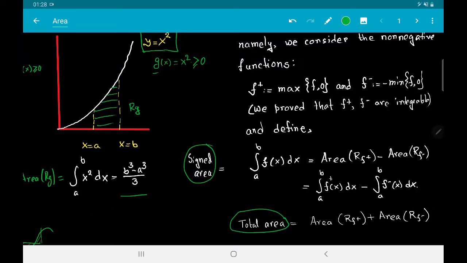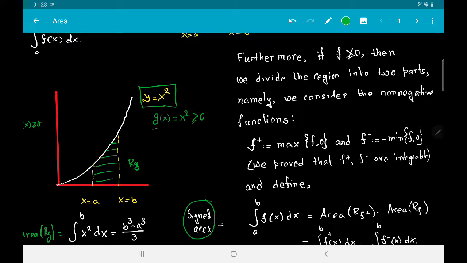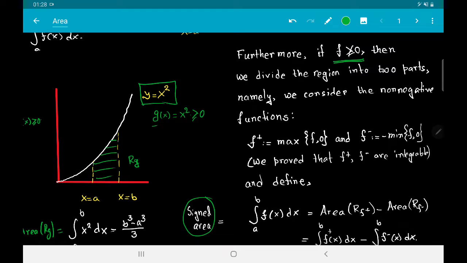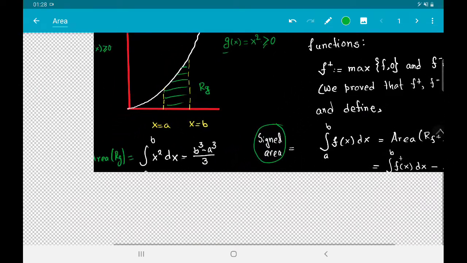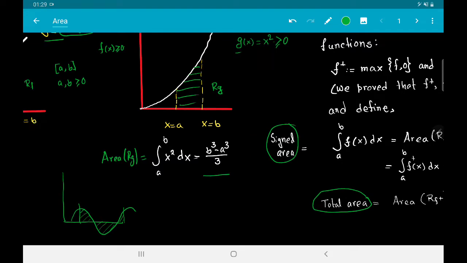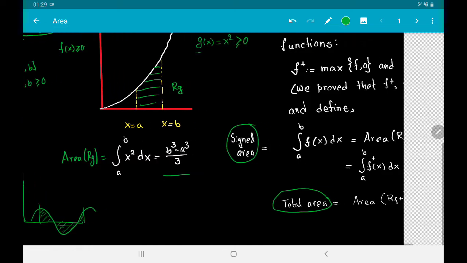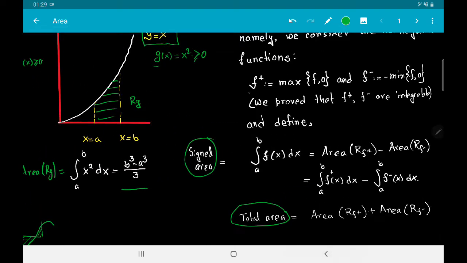So let us recall. In order to deal with functions which are not really non-negative, we divide the region into two parts. The first part consists of the parts where the region lies above the x-axis, and the second part consists of the region which lies below the x-axis. So for this we made use of two functions which are non-negative. One is f plus and one is f minus. f plus is simply the maximum of f and 0, and f minus is the negative of the minimum of f and 0.